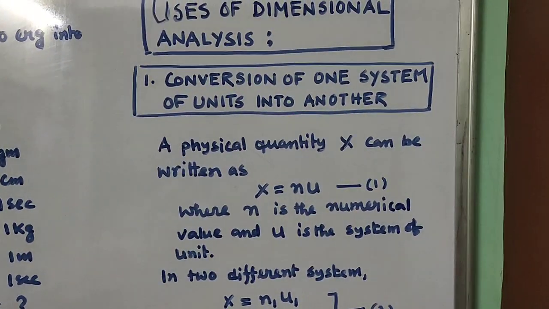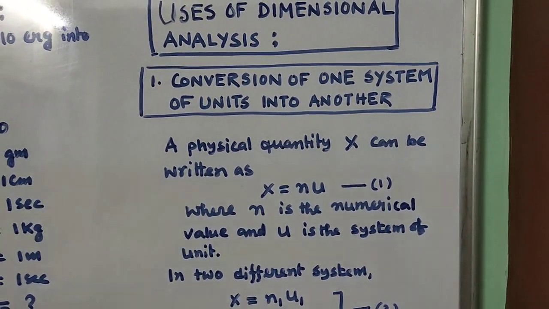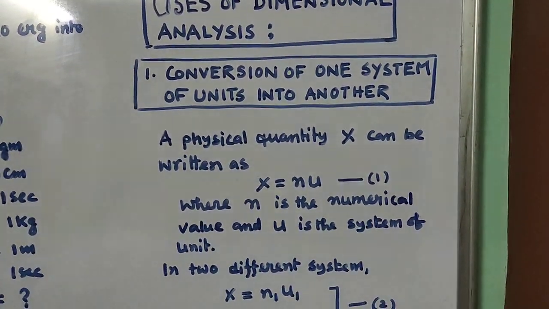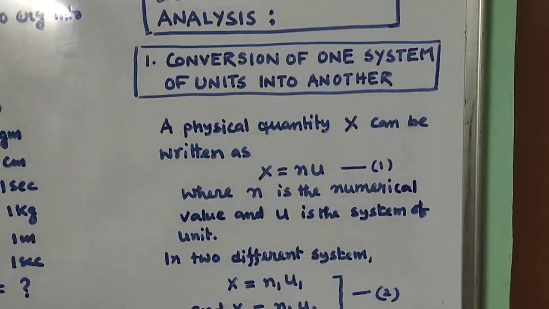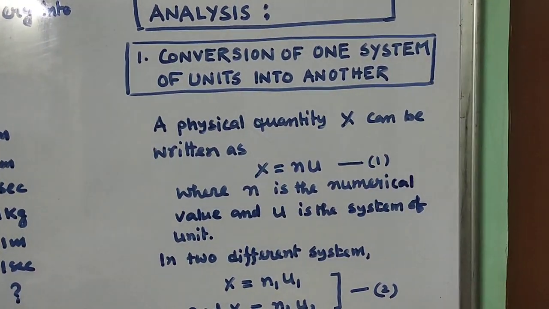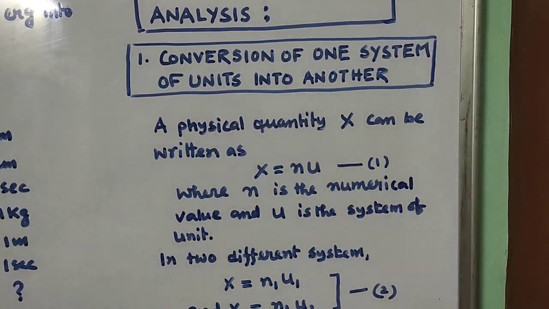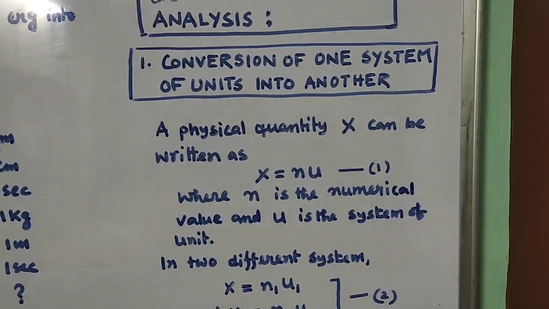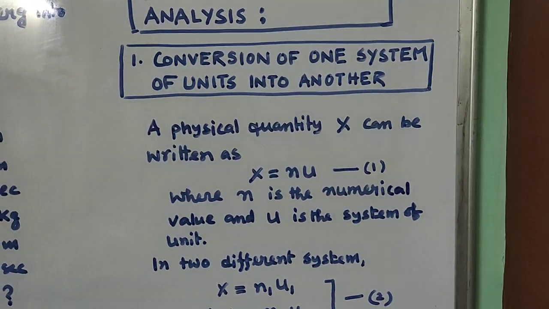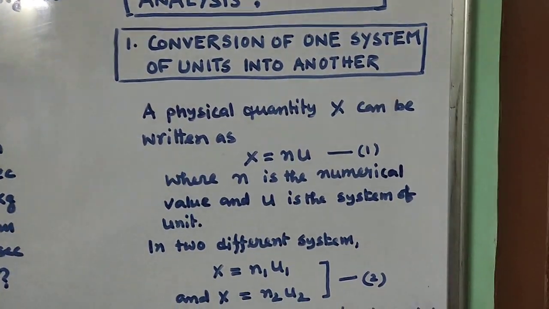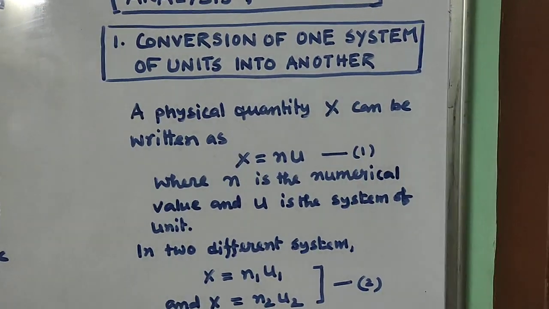Now in previous classes we have already defined that a physical quantity can be expressed by using 2 parameters. One is your numerical value, another one is your system of unit. So the first statement we have written: a physical quantity capital X can be written as X equal to small n u, where n is your numerical value and u is the system of unit. Okay, for example, length equal to 10 centimeters.